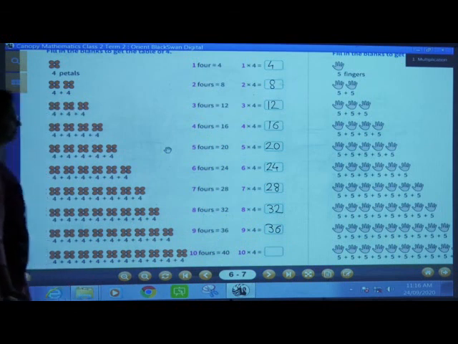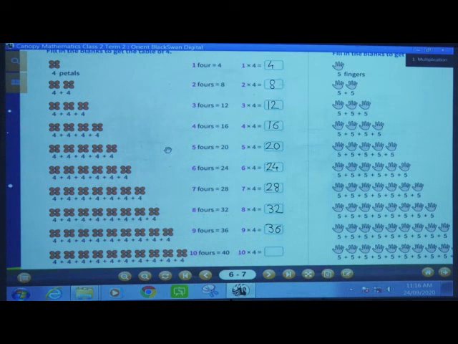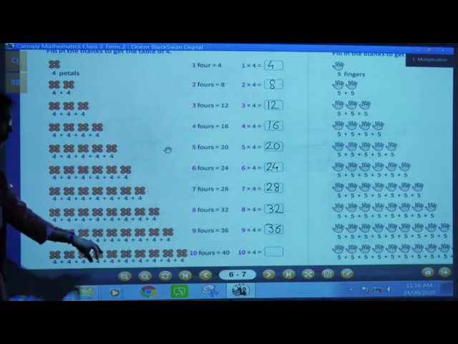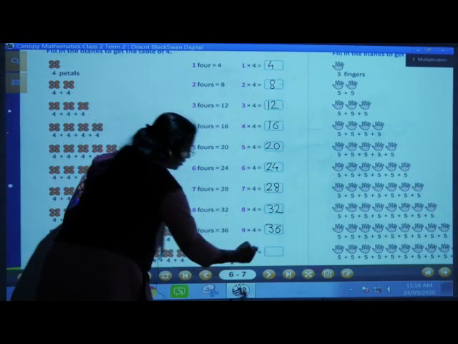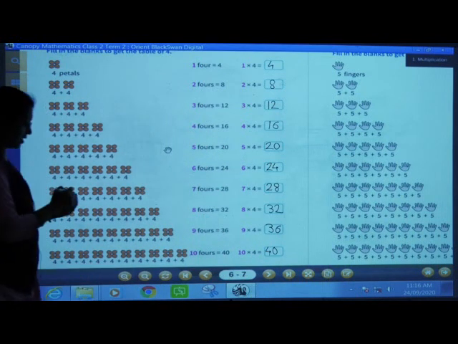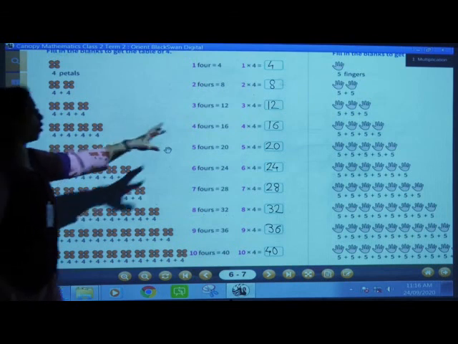Correct. And here 10 times 4 is there. Therefore, 10 4s are 40. This is the table of 4.